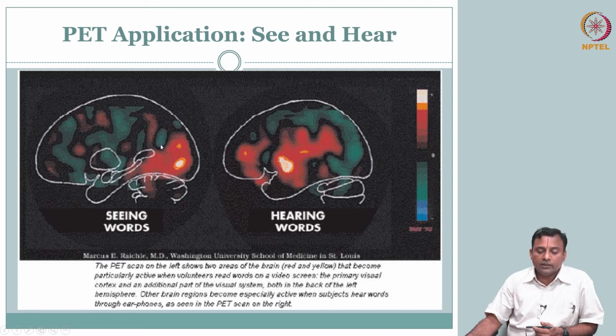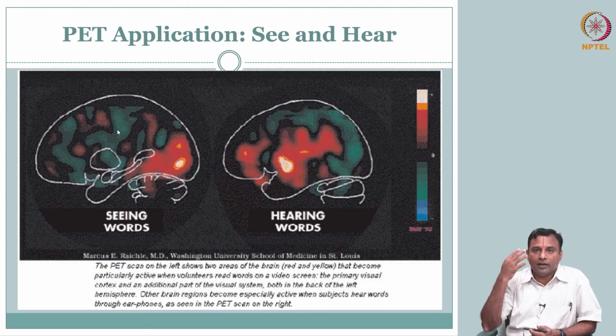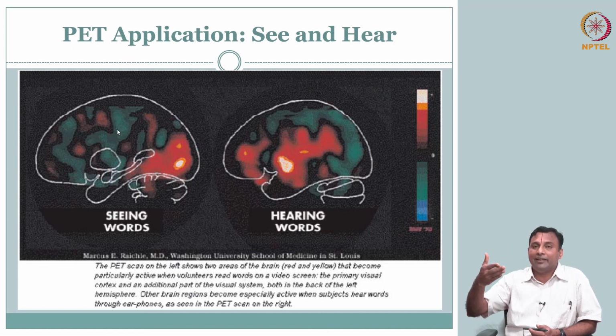Here is an image from an experiment where a participant is reading from the text. When he is reading, your visual cortex, you are looking at it, the brain that controls your vision part gets excited, activated. So a lot of activity happens here associated with reading, and therefore this is lighted up.